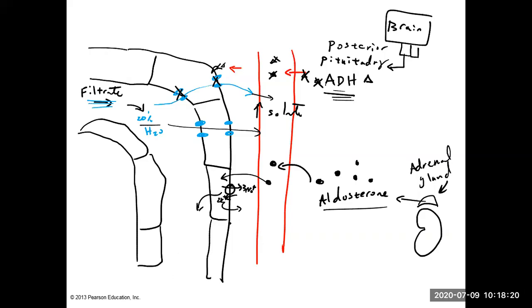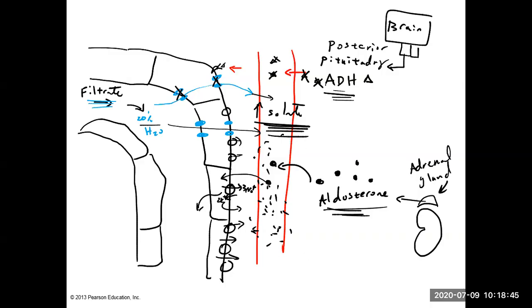The bottom line is, when you have so many of these sodium potassium pumps due to the effect of aldosterone, guess what? They are pumping a lot of solute on this side. So there's going to be a lot of sodium in this side, a lot of potassium in this side. This is going to increase the solute. This is another reason why the outside of the tube has higher osmolarity.